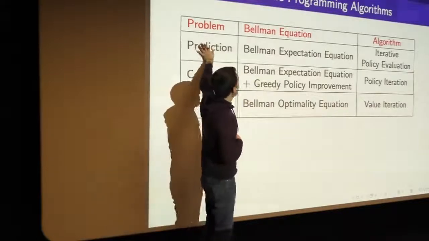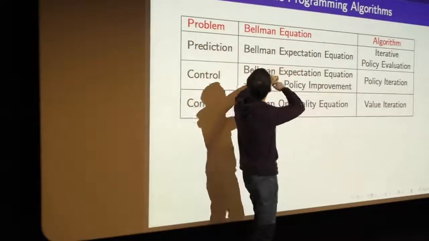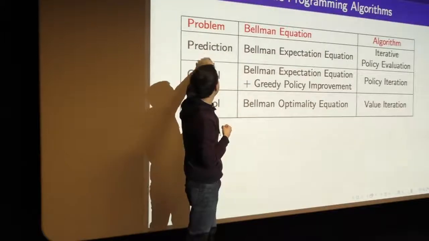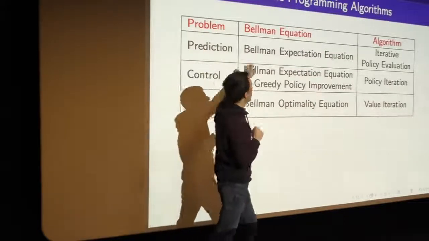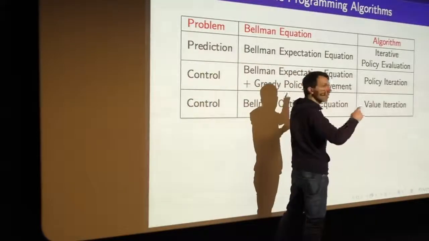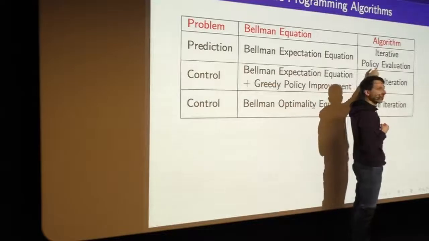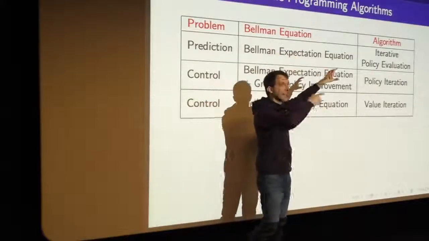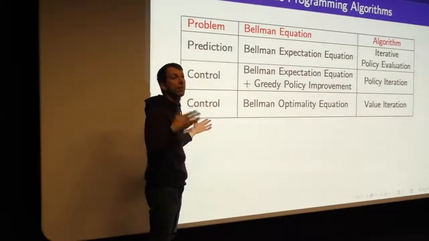To figure that out, we use the Bellman expectation equation, which defines what it means to have a value function when you're doing prediction. If we take that Bellman equation and turn it into an iterative update, we end up with iterative policy evaluation, which was the first part of today's class. So you take the Bellman equation, you iterate it, and it gives you V pi, which tells you how much juice you're going to get from some given policy.